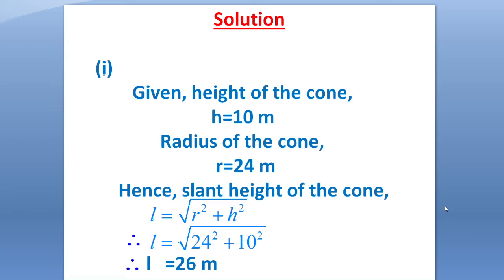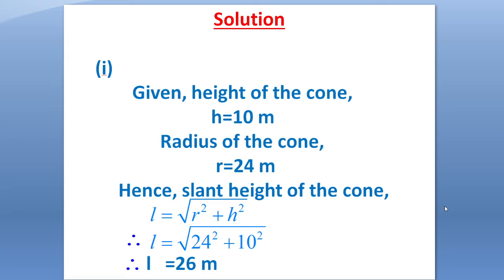So solution: first, given height of the cone, that means h is equal to 10 meter and radius of the cone r is equal to 24 meter.